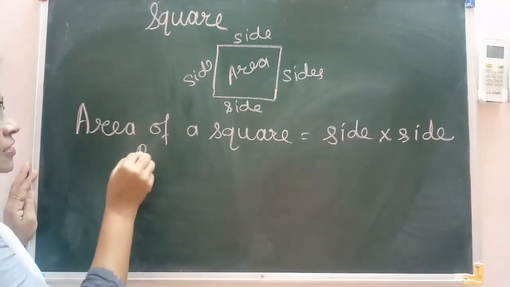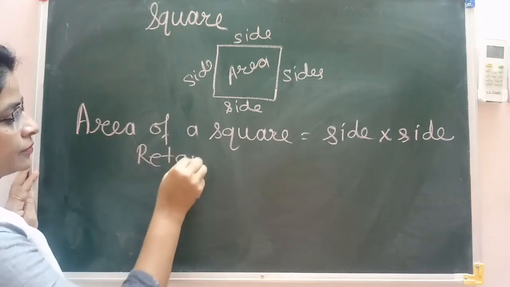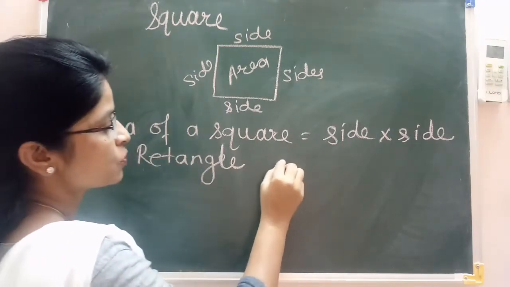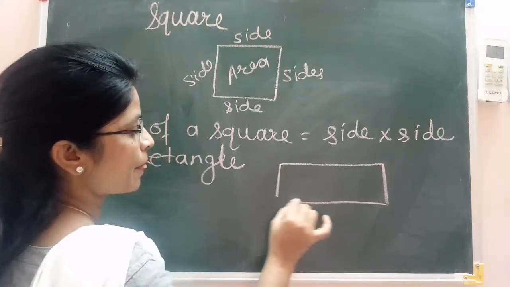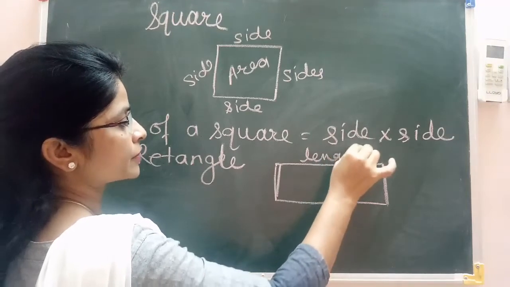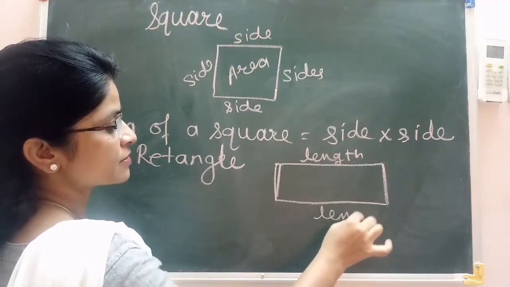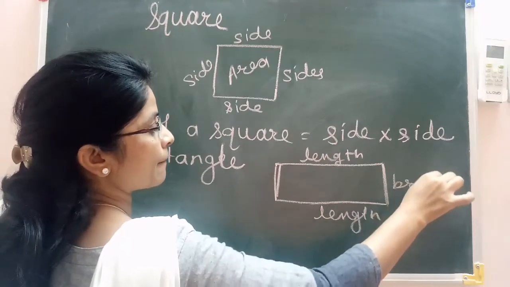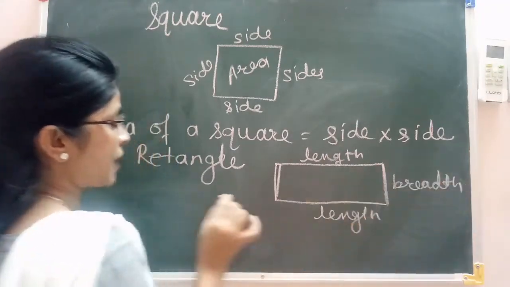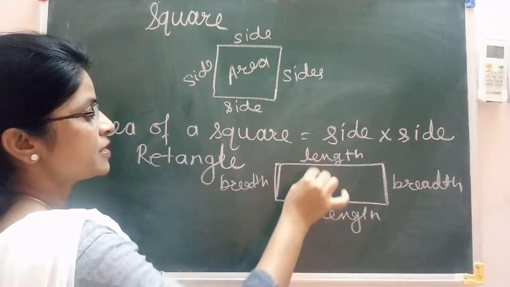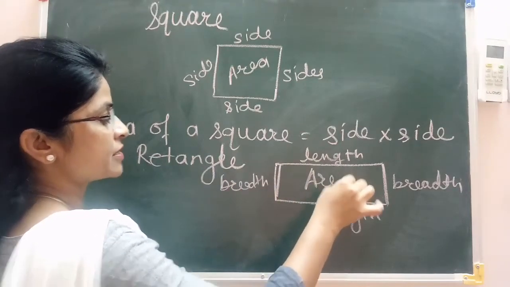Now for the rectangle, whose opposite sides are the same, this one is length, this is length, breadth and breadth, and this is the area of the rectangle.